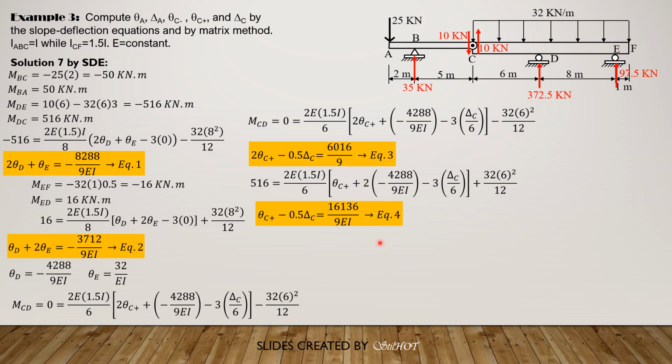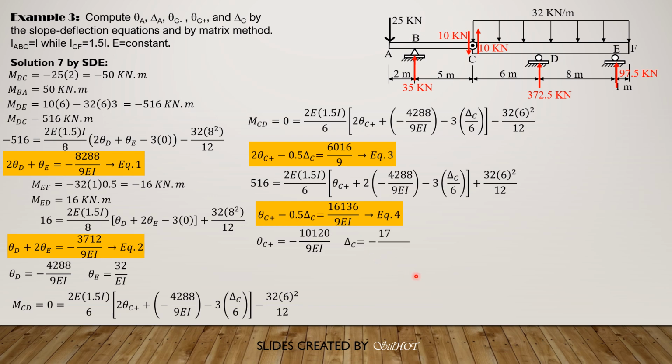Solving equations 3 and 4 simultaneously, we get theta C just to the right equals negative 10,120 over 9, which is counterclockwise supposedly. So theta C, the slope at theta C just to the right is positive with respect to the universal sign convention, which is positive counterclockwise, because this is counterclockwise, so that should be positive.